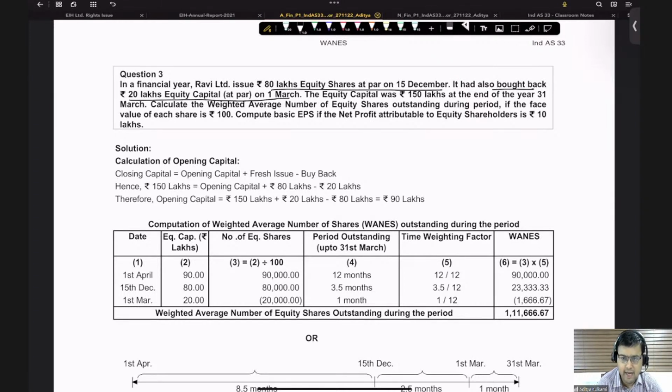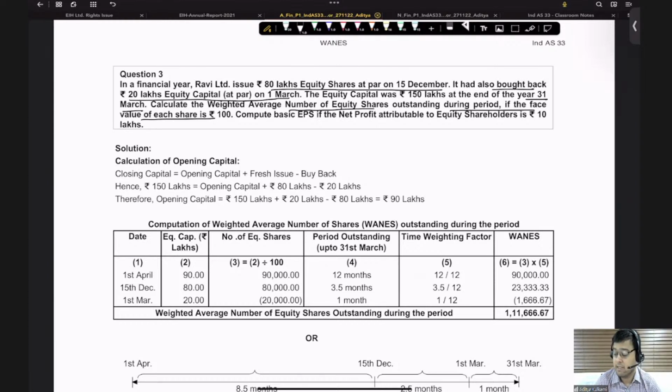The equity capital was 150 lakhs at the end of the year ending 31st March. Calculate the weighted average number of equity shares outstanding during the period if the face value of each share is rupees 100. Also compute the basic EPS if the net profit attributable to equity shareholders is rupees 10 lakhs.